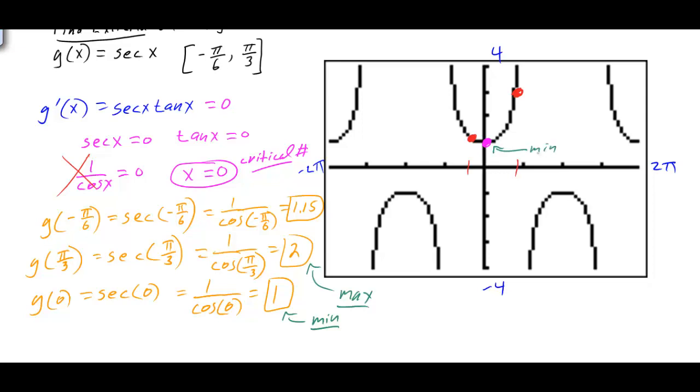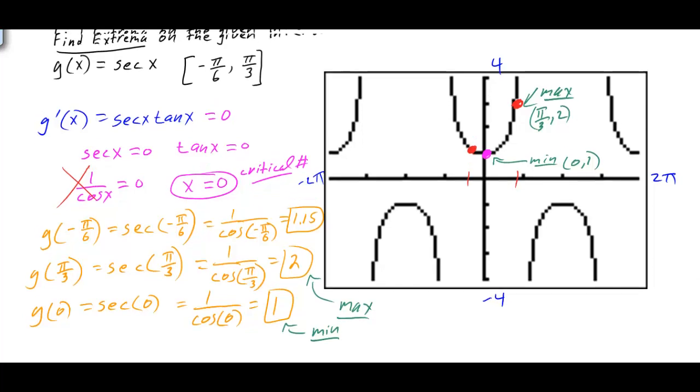This is our minimum, which would be at the point (0, 1). And our maximum here is occurring at the point (pi over 3, 2).